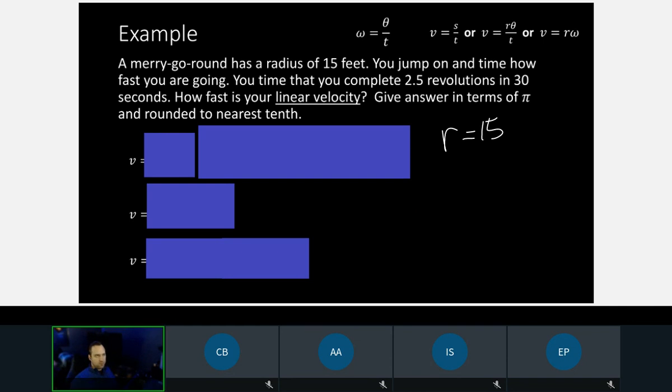It says 2.5 revolutions in 30 seconds. So how can we use that without me giving it away too much? But we are going to use the second formula.